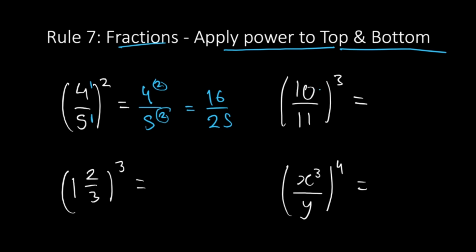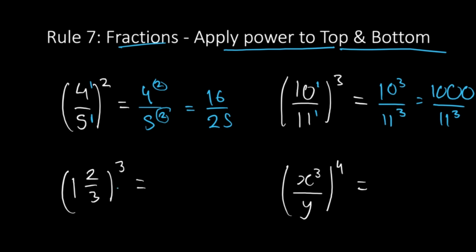Here, same thing, there's an imaginary 1, so you just do 1 times 3 and then 1 times 3 again. So that becomes 10 over 3 and 11 over 3, which is 1000 over 11 over 3. And okay, for this question, you just convert the mixed number into an improper fraction.